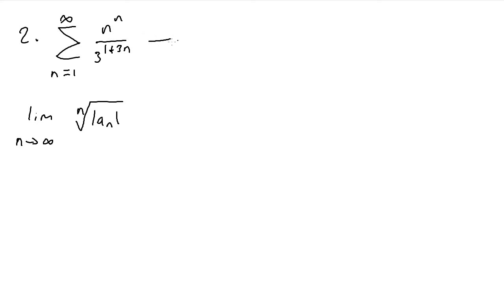So this requires a little bit of algebra here. If I were to expand this bottom denominator using the properties of exponents, I can change 3 to the 1 plus 3n. Since there's a plus here, we're going to multiply. So I can expand that into 3 to the first times 3 to the 3n, because when we multiply the same base, we add the powers.